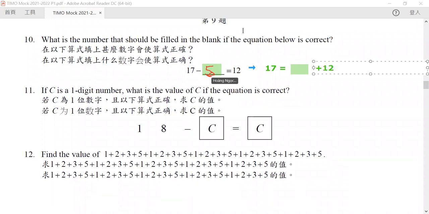12. Or in other words, this number that we want is exactly equals to 17 minus 12. Or in other words, it is exactly equal to 5.